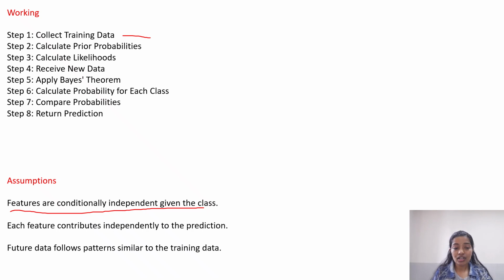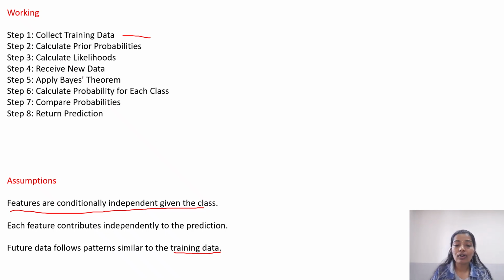And the third assumption is that future data follows patterns similar to the training data. So whatever is in the training data, it assumes that all the patterns are already covered. The testing data won't have anything new. These are the assumptions of the naive Bayes algorithm.